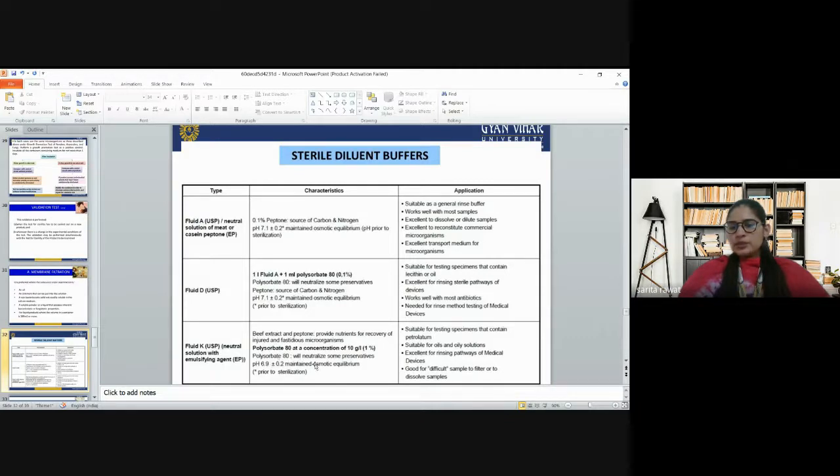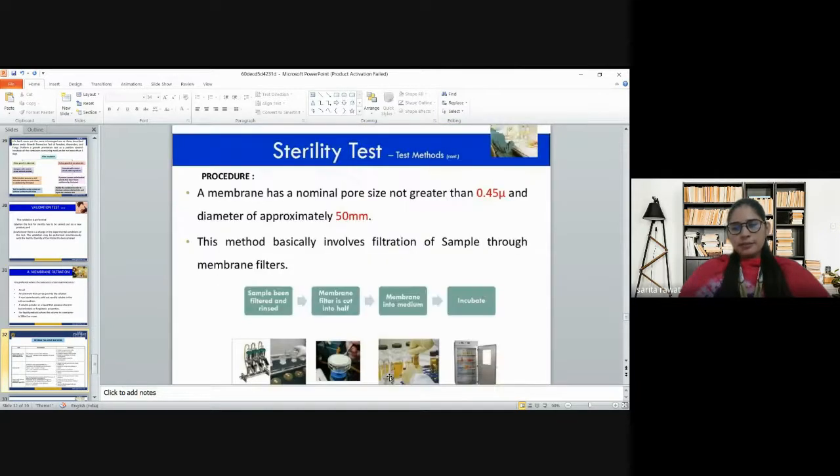Polysorbate 80 will neutralize some preservatives. pH 6.9 plus or minus 0.2, maintains osmotic equilibrium prior to sterilization. Now its application: suitable for testing specimens that contain petroleum sulfate, suitable for oils and oily solutions, excellent for rinsing the pathway of medical devices, and good for difficult samples to filter or dissolve.